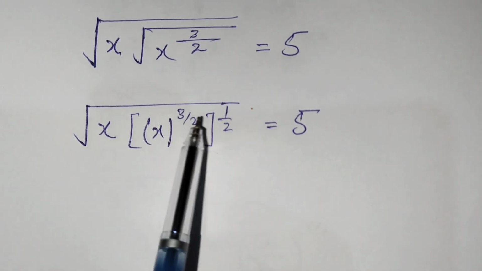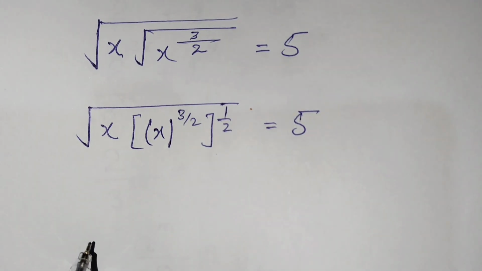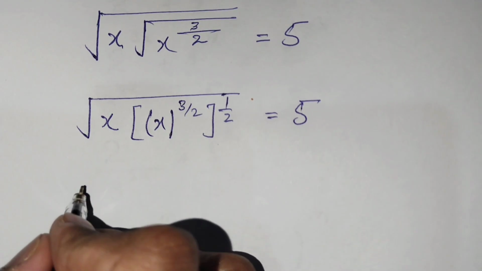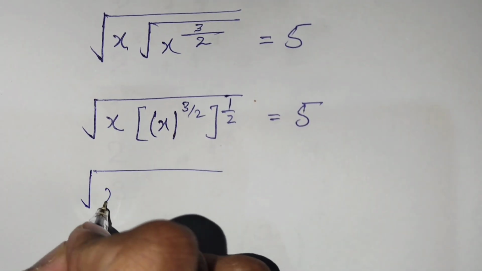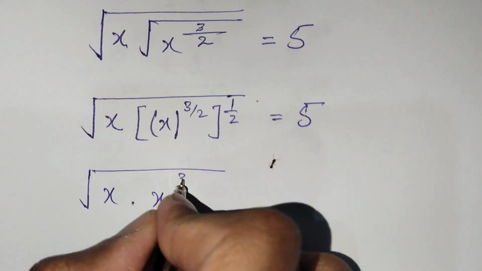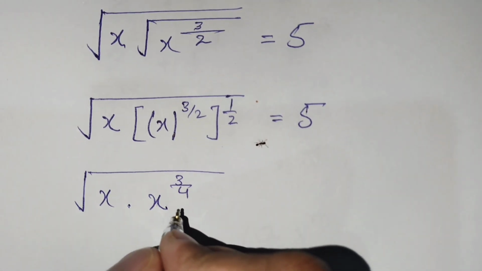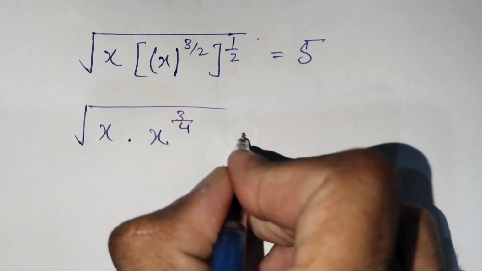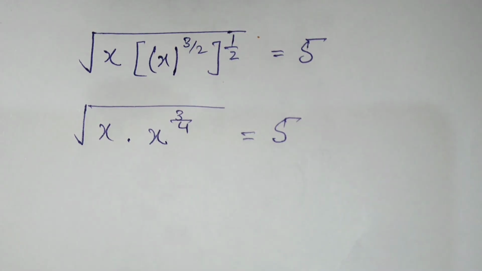So this power multiplies with this, square root of x times 3 by 4 equal to 5.